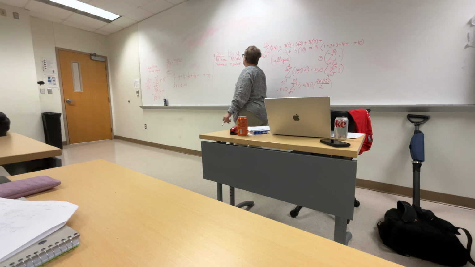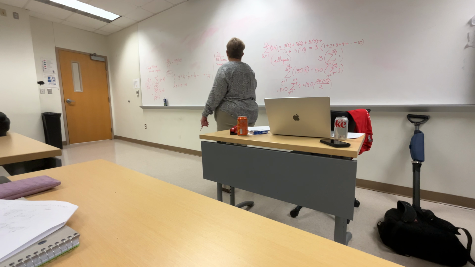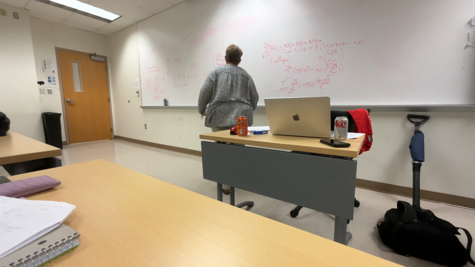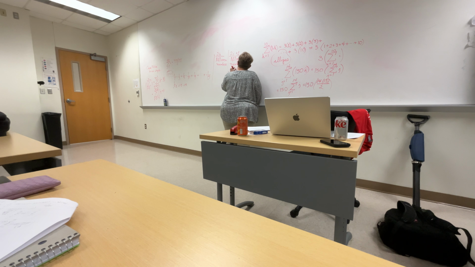And let's see what this form 2i plus 1 allows us to do. We're going to start with i equals 0. So if i is 0, what is 2i plus 1? 2 times 0 plus 1 equals 1.